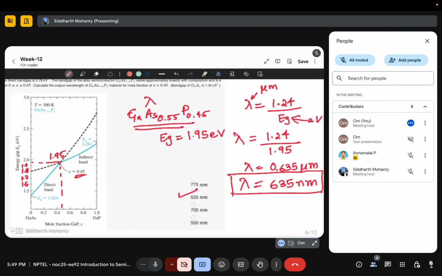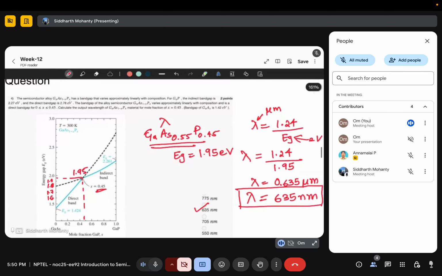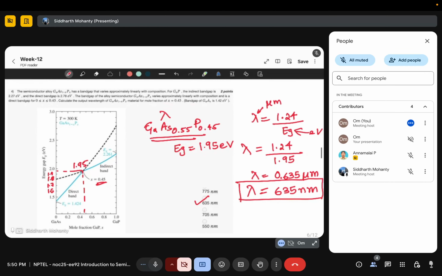Option B. It seems like a very involved question, but if you solve it, it is very simple. So I hope you all have solved it.